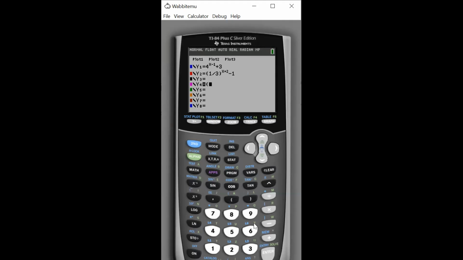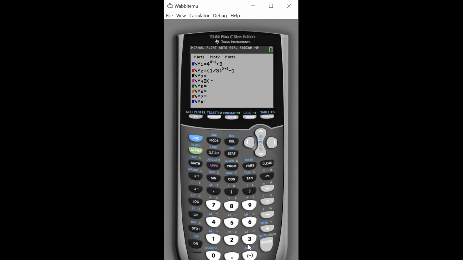So start off with your parenthesis. Type in -3. Make sure you don't push the minus button, and instead you're pushing the negative button on the bottom right corner. And then push the exponent, and then you're going to type in x minus 4. And then just graph.